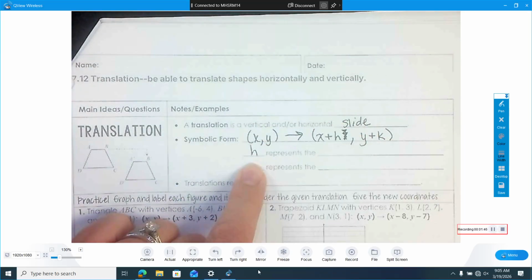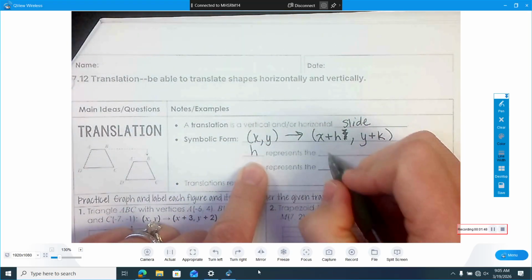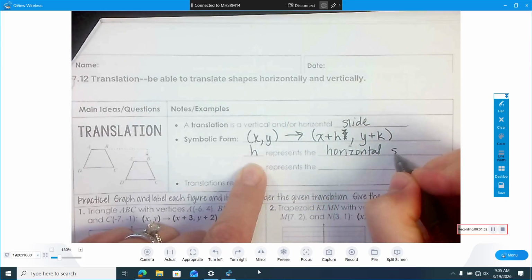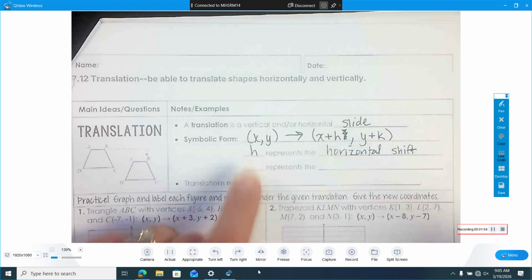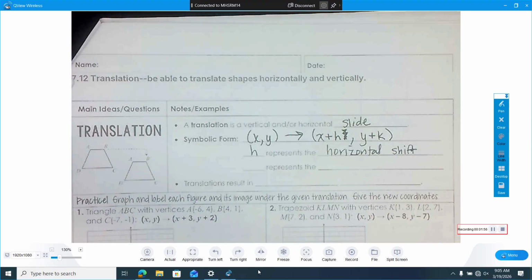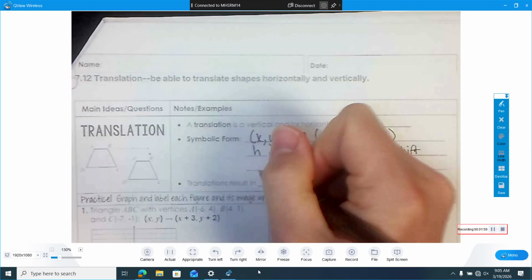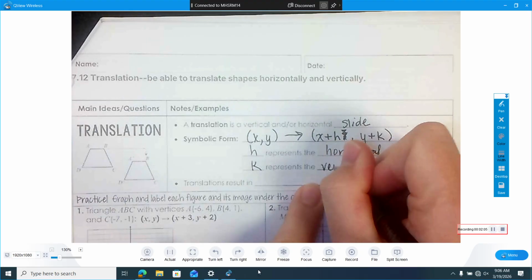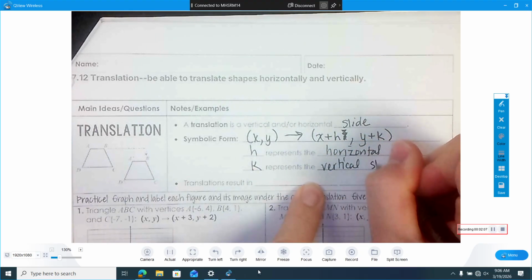The h represents the horizontal shift. That's the horizontal movement, left or right. And the k is with the y. The y is the vertical axis, and so the k represents the vertical shift.